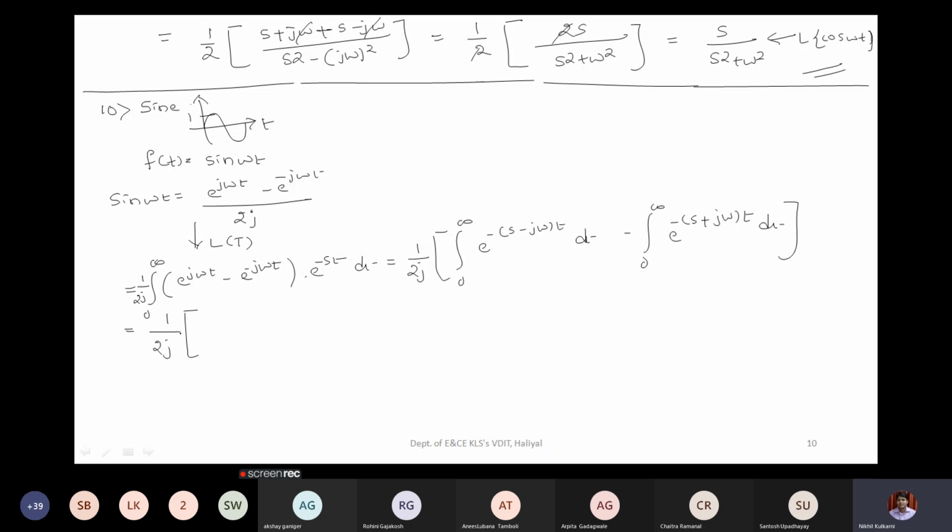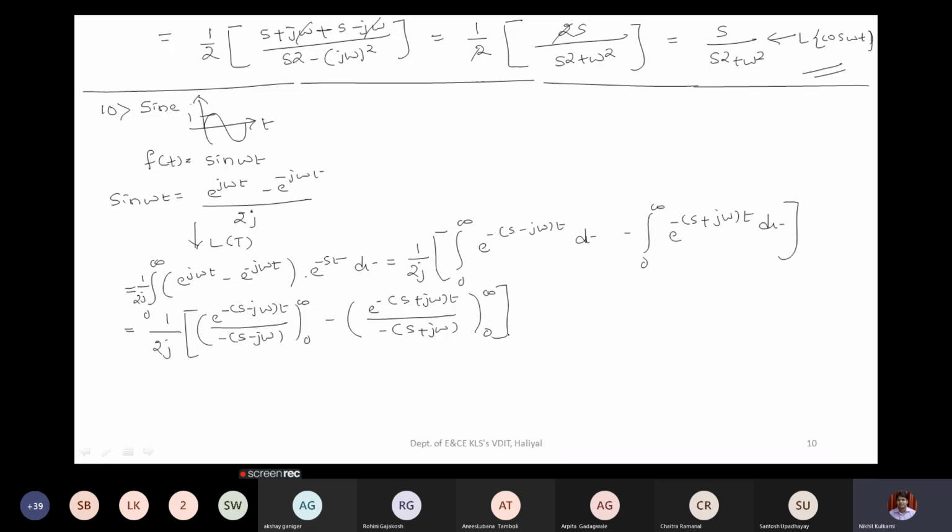This integration we know is going to give us e to the power minus s minus j omega t divided by minus s minus j omega, from 0 to infinity, minus e to the power minus s plus j omega t divided by minus s plus j omega, from 0 to infinity.